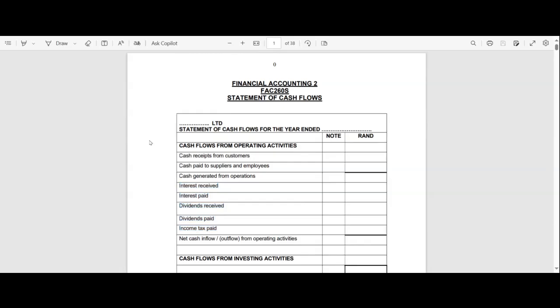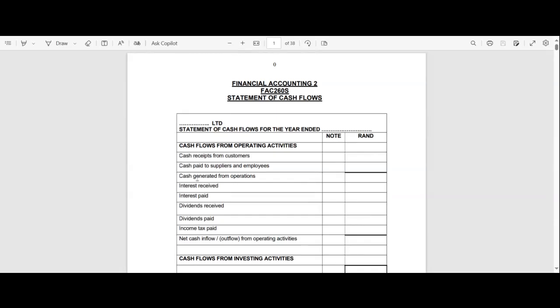Now, ladies and gentlemen, when we get to the more complicated exercises, starting from, I think, question 4 of this question bank, we are going to design methods and techniques on how to take figures that are available to us in the other financial statements and then convert them to cash flows.